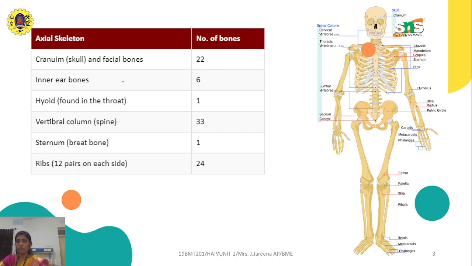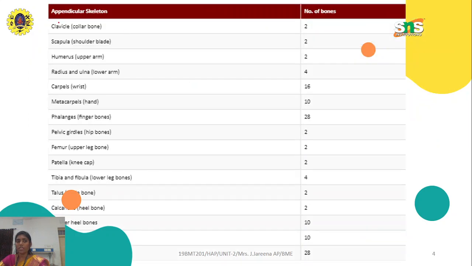These bones occupy the central axis of the body. Because of this, they are called the axial skeleton. Next, the appendicular skeleton includes the clavicle, scapula, humerus, radius, ulna and carpals, the bones which come out from the axial skeleton, and also the upper limb and lower limb. These are the appendicular skeleton bones, right?